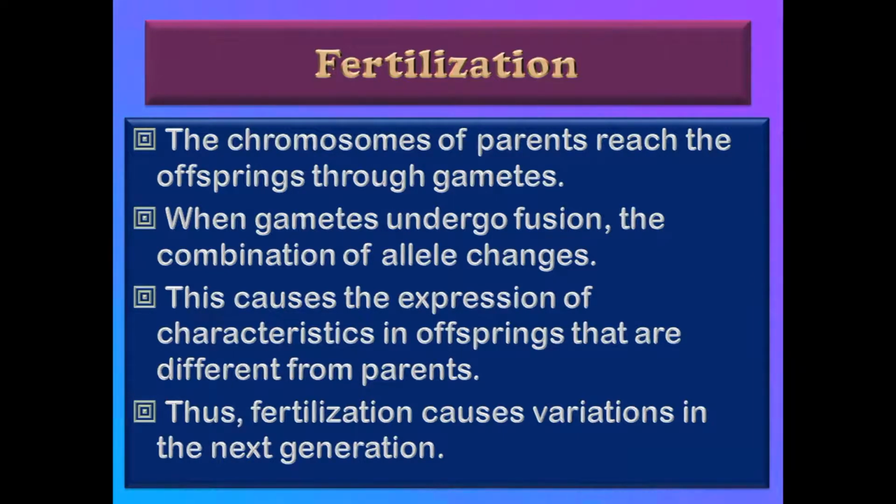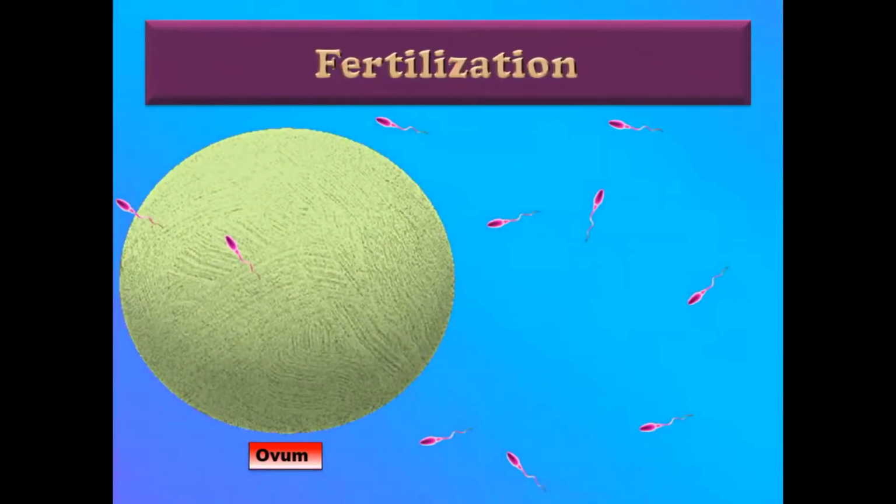So let's see the process with the help of an illustration. What is fertilization? The fusion of male and female gametes. The ovum is the female gamete, whereas the sperm is the male gamete. So the sperm fuses with the ovum. Here you can see the fusion process.